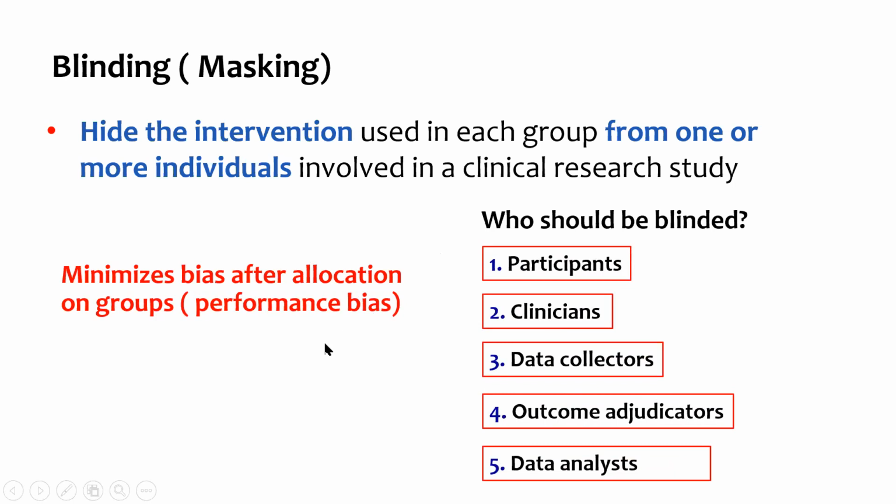Why is this important? Because there is a bias called performance bias during measurement, and this may affect the result.